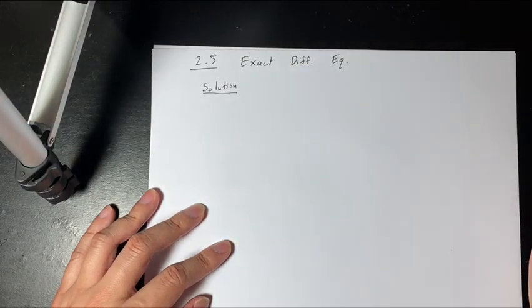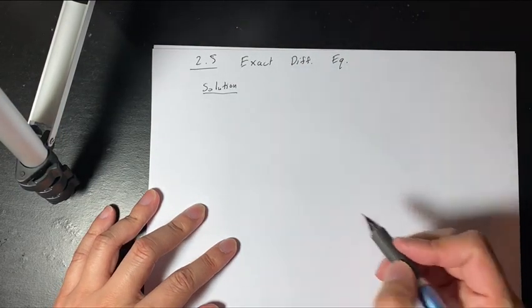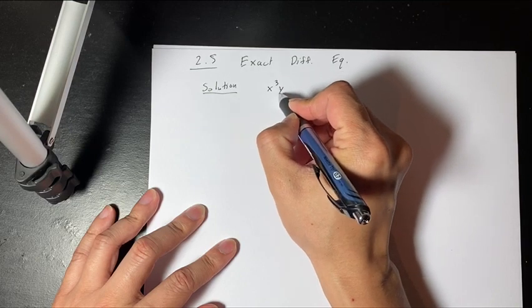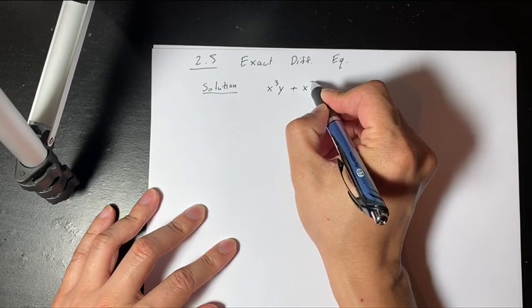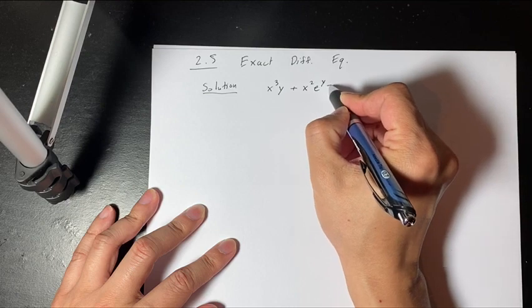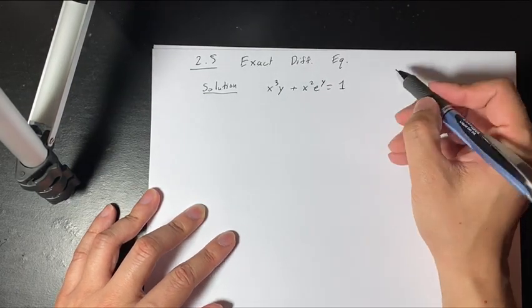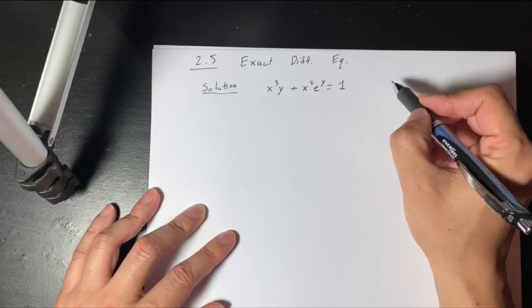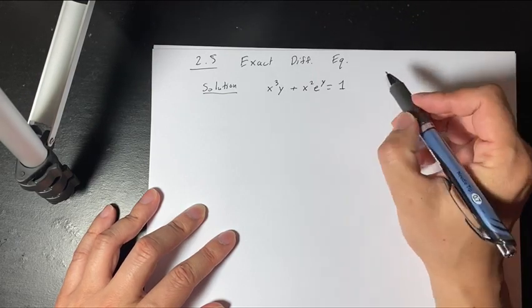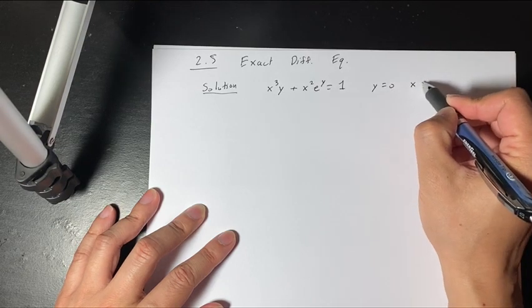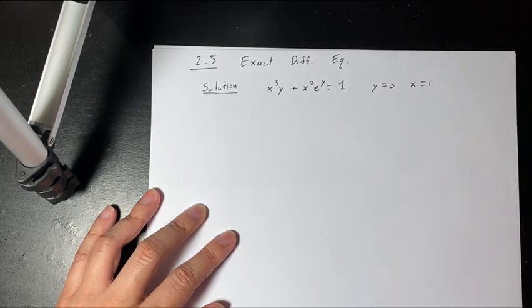We'll differentiate this and we'll see what will happen. Okay, so here's my solution. All right, so I know that when y is 0, x is 1.